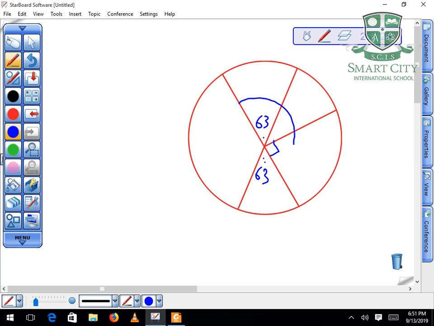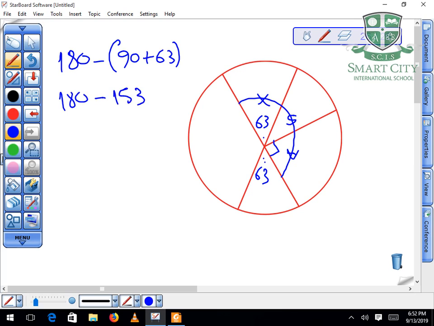And all of this is a straight angle, which equals 180. So the sum of the three angles is 180. One of them is 90, the other is 63, so the remainder will be 180 minus the sum of 90 plus 63, which is 180 minus 153.